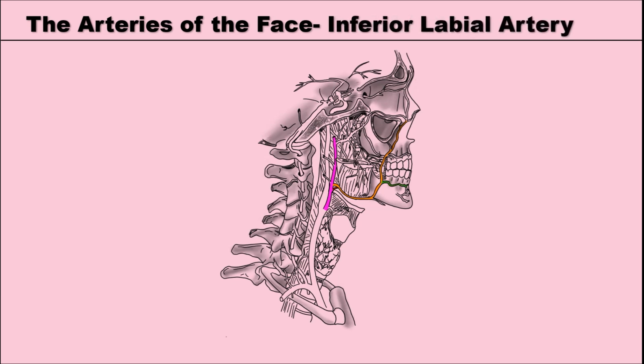It gives off an inferior labial branch that runs deep to the bottom lip, and a corresponding superior labial branch that travels under the top lip. The facial artery then continues underneath the orbit and terminates as the angular artery on the side of our nose.